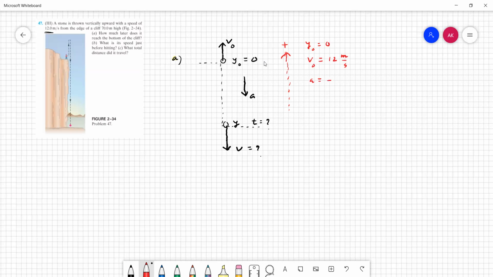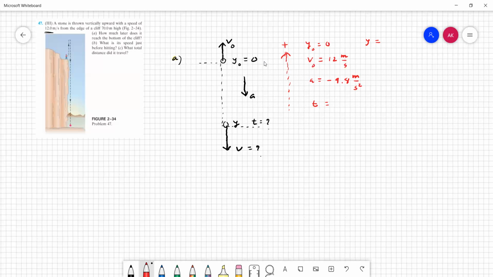Negative 9.8. T, we don't know. What's y? Do we know that? Would that be 70?